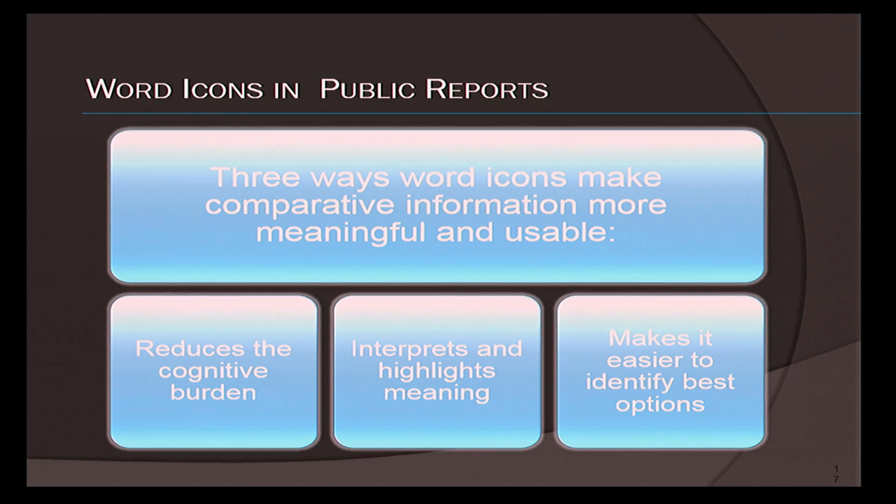So we are moving into an era where we're going to be reporting on quality, and I want to show you an additional way that we've learned in research that helps people use this information in choice. And it's the use of word icons, and it helps people by reducing the cognitive burden. It highlights and actually interprets meaning, and it makes it easier to identify best options.